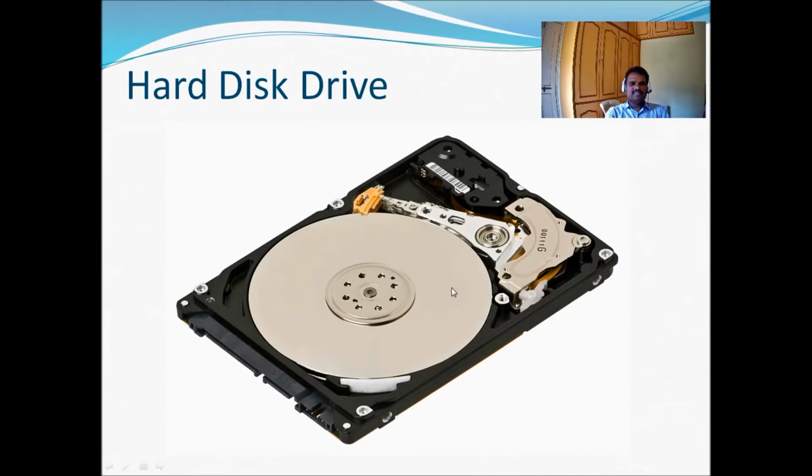Inside the hard disk, this is the platter where we store our data. This is a read write head which is used to write the data on this platter and also read the data from this platter. The remaining parts we will see in the next.